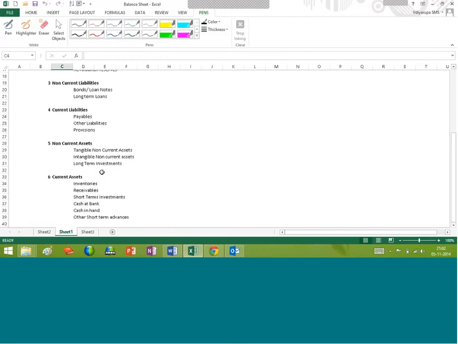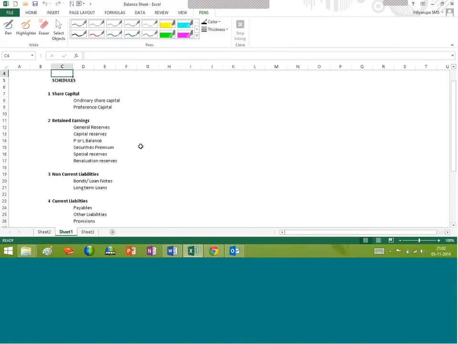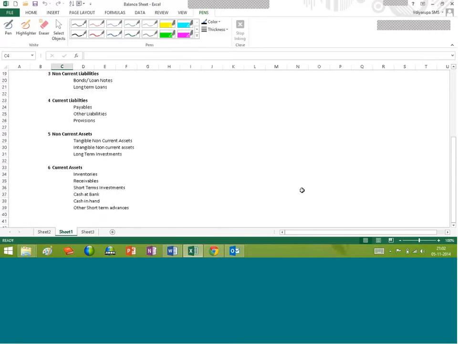In the last class we discussed share capital, retained earnings, and non-current liabilities. Current liabilities we still need to discuss. I told you that we will discuss them after the non-current assets and the current assets. Today we are going to discuss non-current assets first.